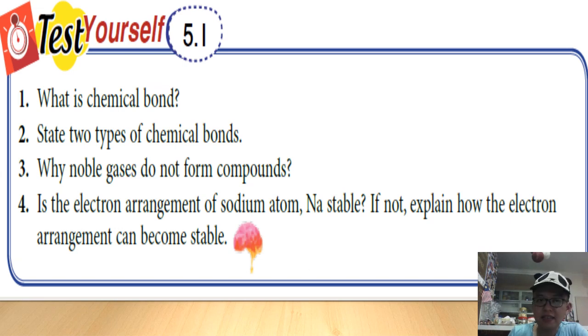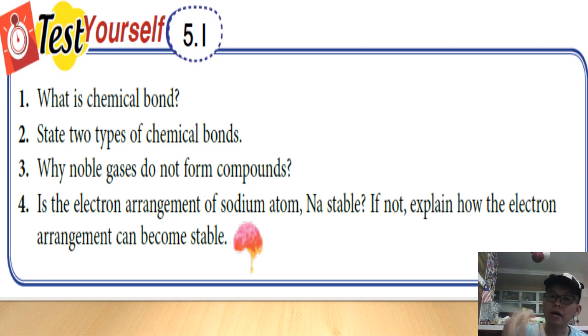So after the lesson just now, you will have learned what a chemical bond is. A chemical bond is the bond formed between atoms which are transferring electrons or sharing electrons together to form a compound. State 2 types of chemical bond.